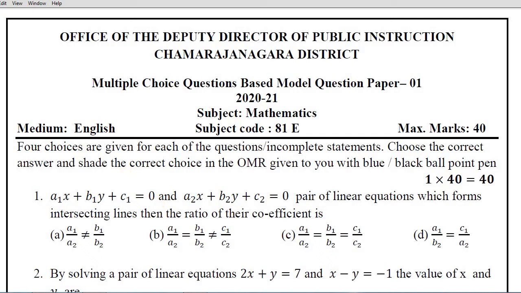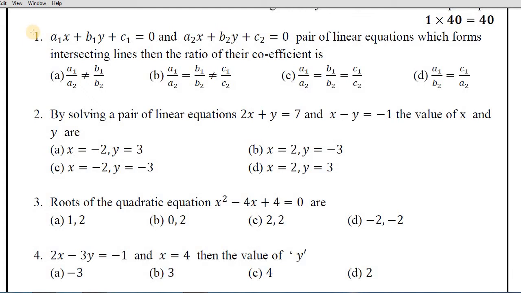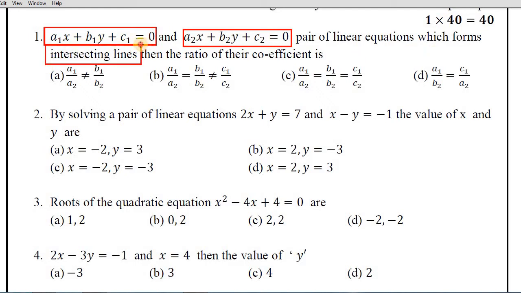Now let's see the questions, children. The very first question is: a1x plus b1y plus c1 equals 0 and a2x plus b2y plus c2 equals 0, a pair of linear equations which forms intersecting lines. This is very important, children. Then the ratio of their coefficients is.